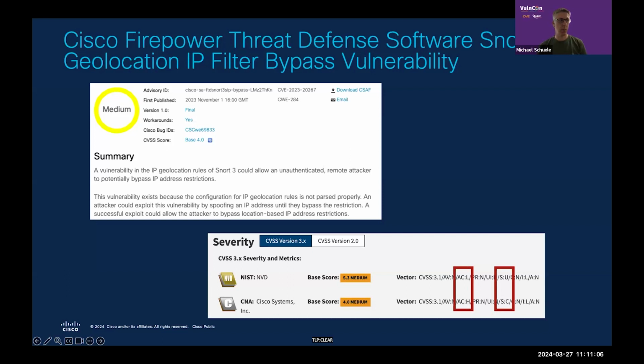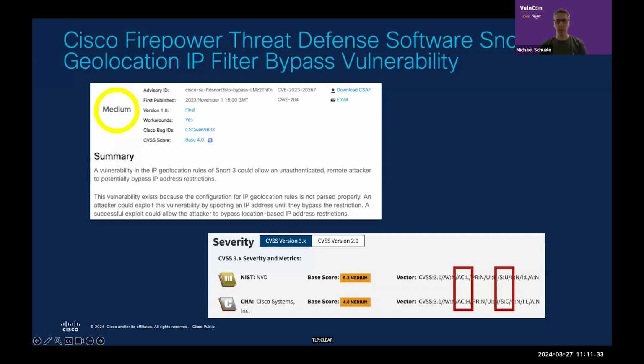If you know the product in depth, you will know that the Firewall Threat Defense is one of our next generation firewalls. So firewalls typically protect other networks. And what was possible with this IP filter bypass was that you could access network segments that were normally not supposed to be accessed if you were to successfully exploit this vulnerability.